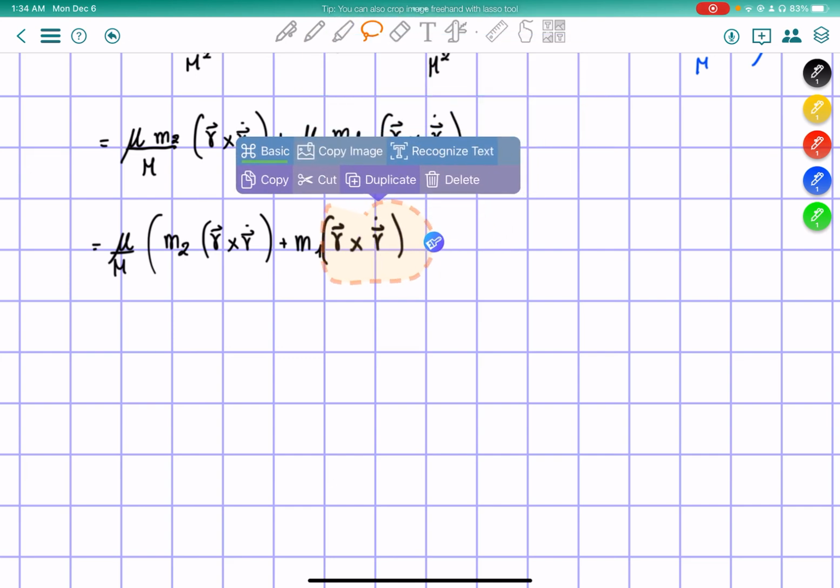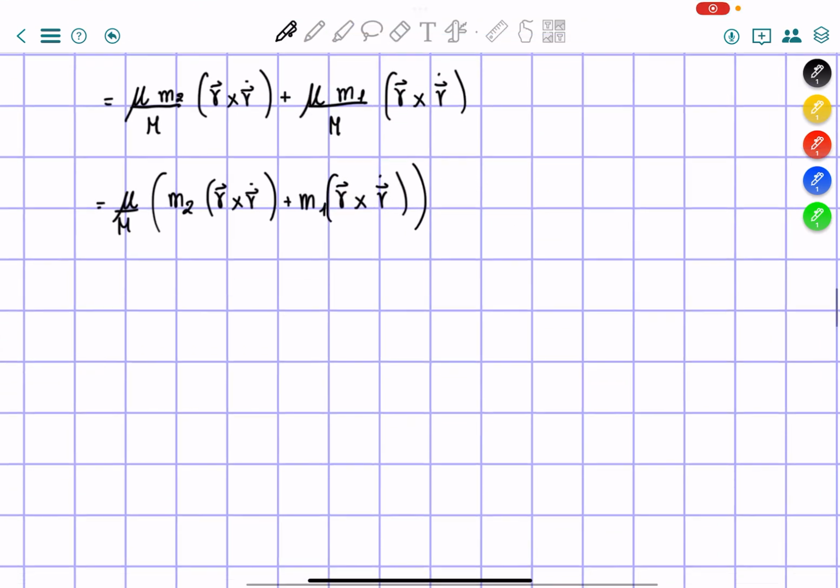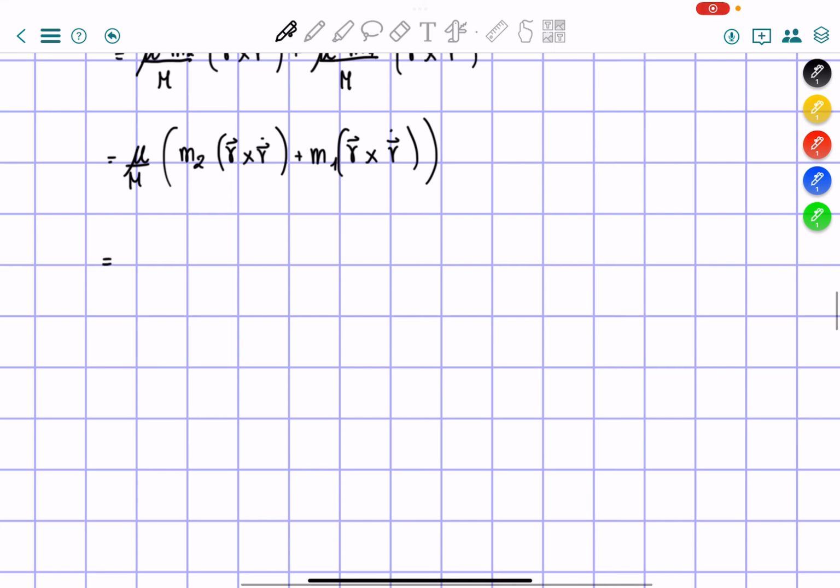As you can see already, you can simply group this inside parentheses again. So that equals our reduced mass over capital M times r vector cross product with r dot vector times M2 plus M1.